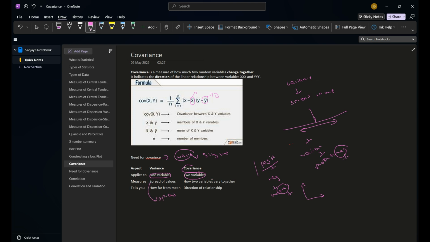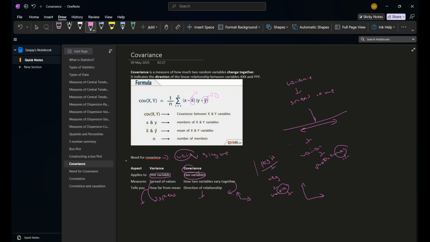It doesn't tell how two variables vary together, meaning whether, if one variable increases, the second variable decreases or not. So it doesn't tell how two variables vary together.